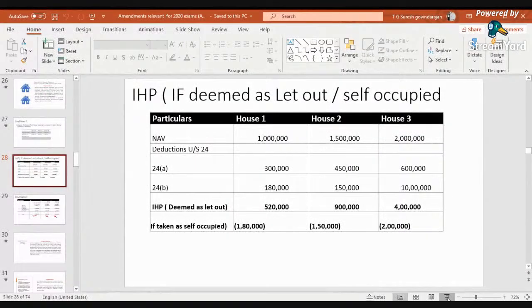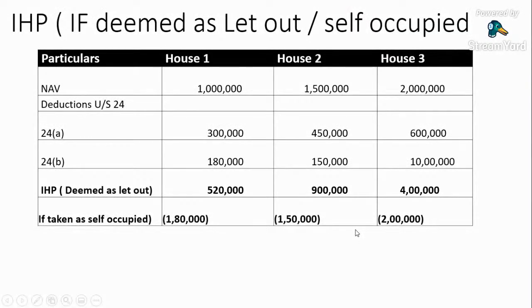Ideally, the way in which we can proceed with this question: first, let's take it as deemed to be let out. What would have been the answer for this question?